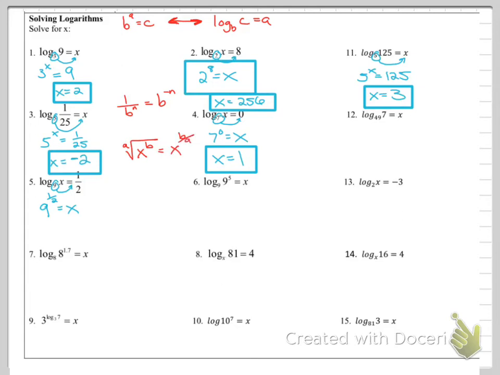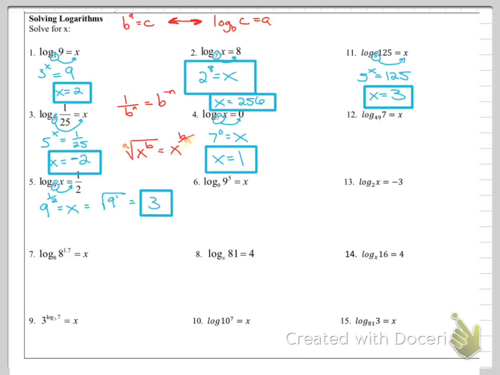So a root goes on the bottom of a fraction. If I rewrote that as 9 to the 1/2, that's the square root of 9 to the 1, right? Square roots have an imaginary 2 that we don't usually write. And the square root of 9 is just 3. Fractional exponents are roots.